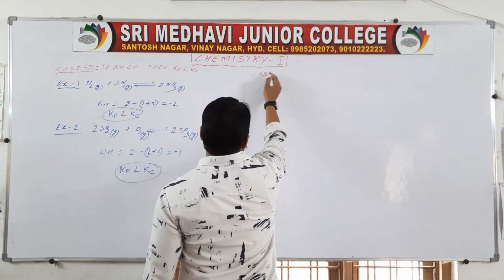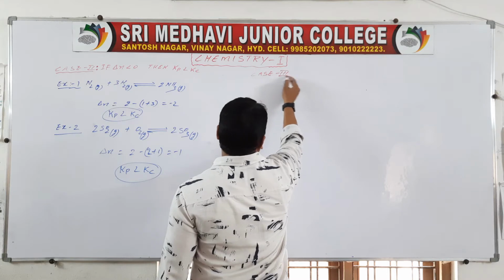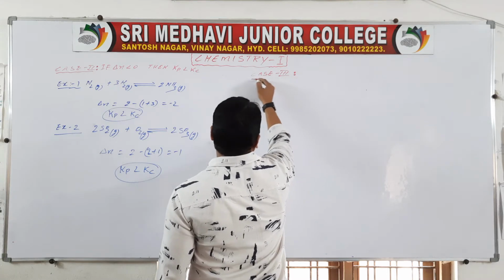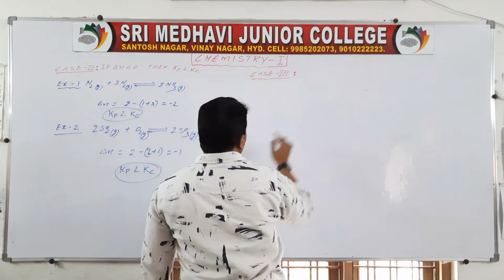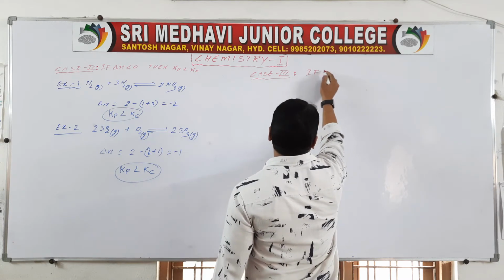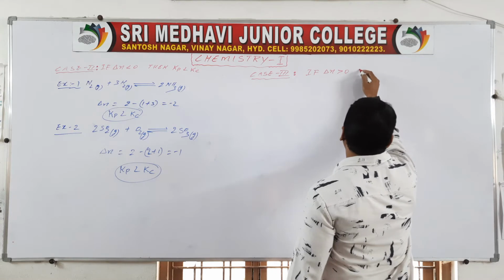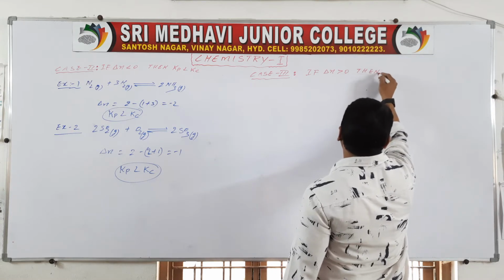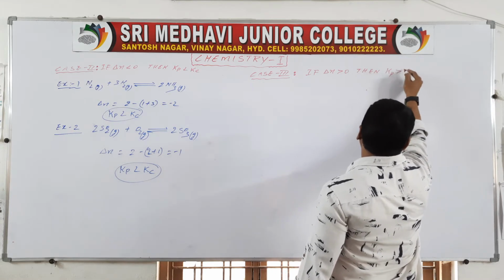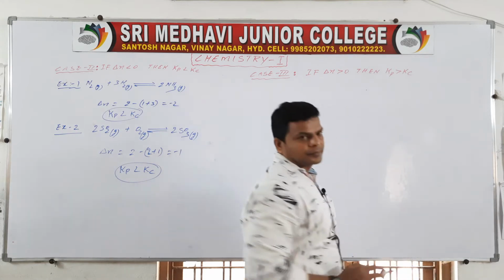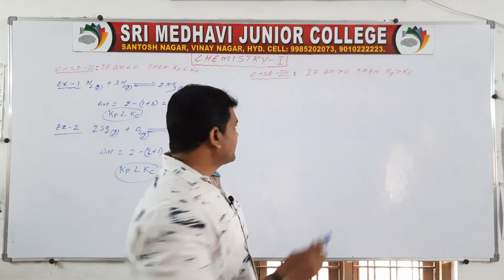Then case number 3: if delta n is greater than 0, then Kp is greater than Kc.